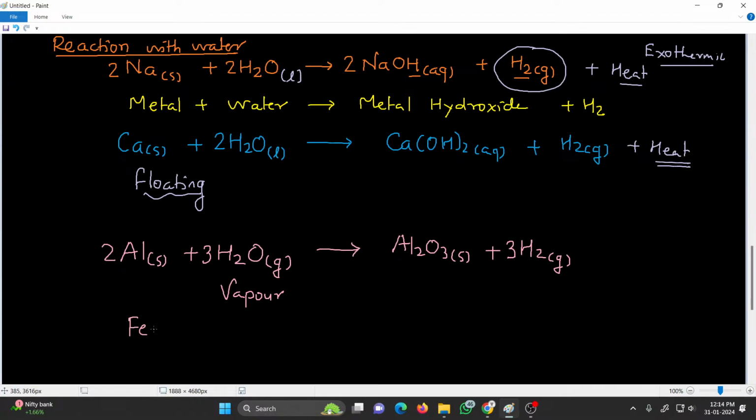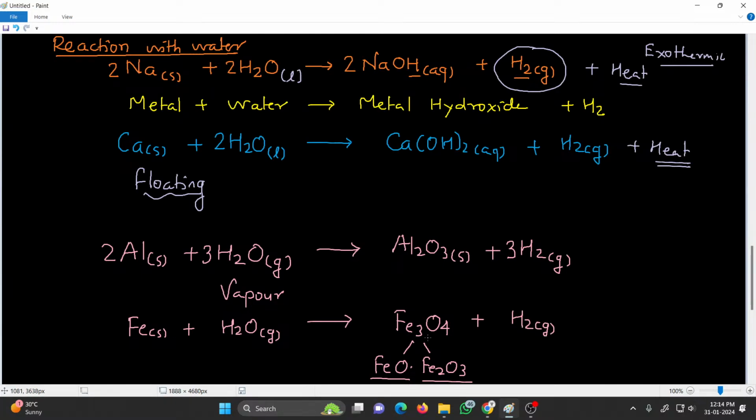Similarly, Fe solid, iron solid, plus water, again gas, reacts only with water vapor. Now this formula is Fe3O4. It's a combination of FeO and Fe2O3. So it is iron 2 oxide, iron 3 oxide, and together it makes the formula Fe3O4 along with hydrogen gas.